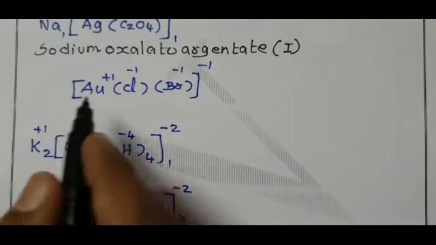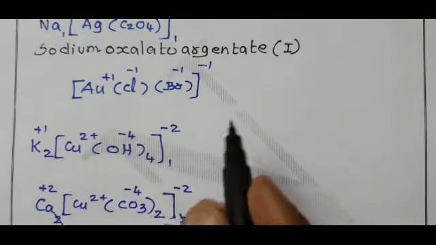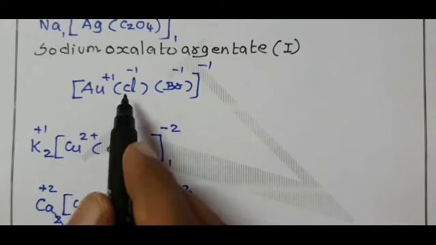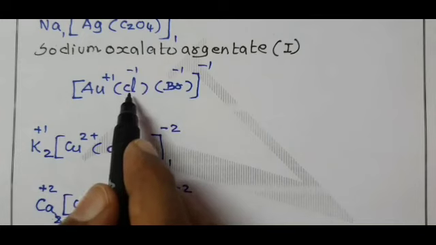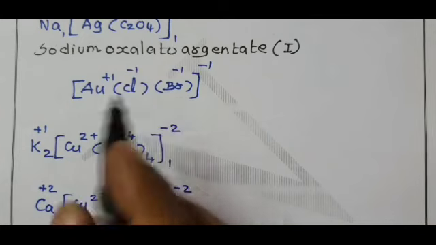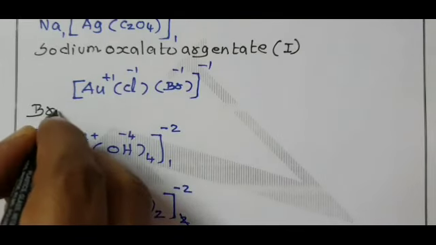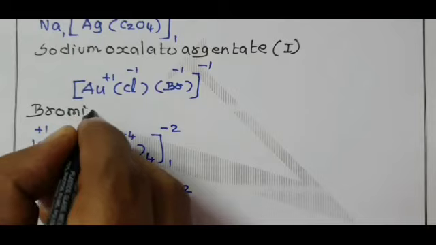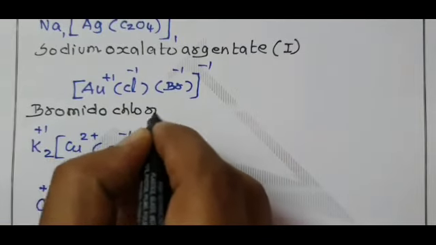Come to third compound. There is no plus here, but there is a negative charge on these complexes. Therefore, when you enter into the coordination sphere, bromido and chlorido are present. According to alphabets, B is first followed by C. Therefore, first ligand we have to write caps bromido, and second ligand chlorido.